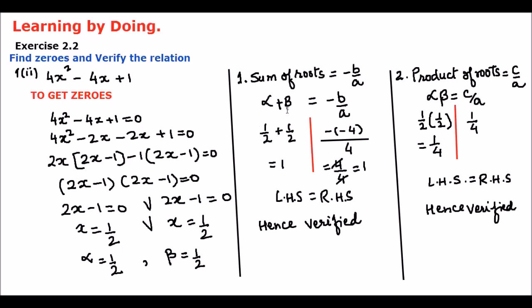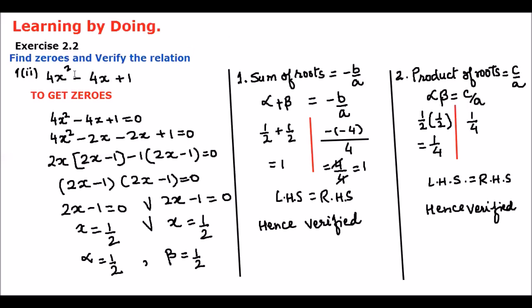So children, alpha plus beta is equal to minus b by a in a quadratic polynomial. Let's check the left hand side, put the value of alpha and beta. Alpha and beta give you half plus half equal to 1. Let's see the right hand side. If I put the value of b and a, the minus sign I am copying like this only, and in place of b I will see what this is.